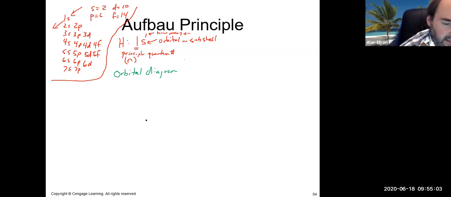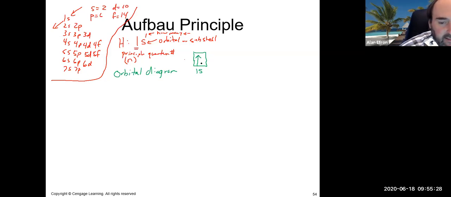And the orbital diagram is basically either boxes or lines and arrows to represent the electrons. So for this case, we would have one box, which would represent the 1s orbital for hydrogen. And again, when that first electron goes in, it is going to go in the upwards direction.